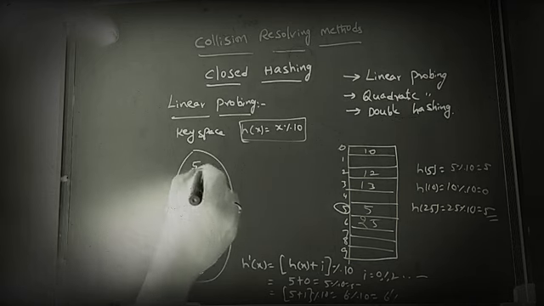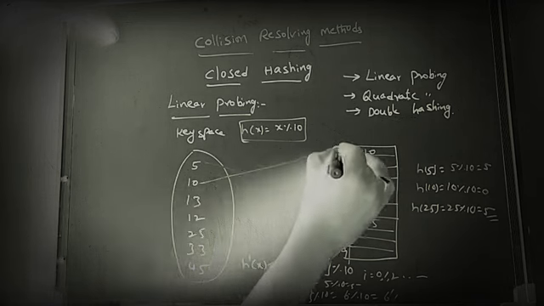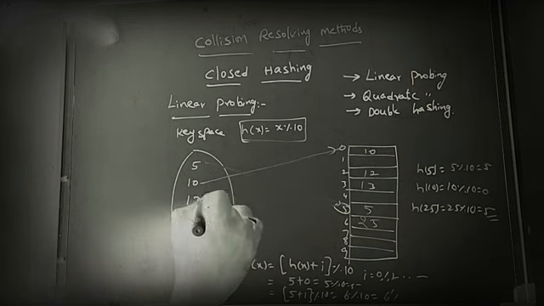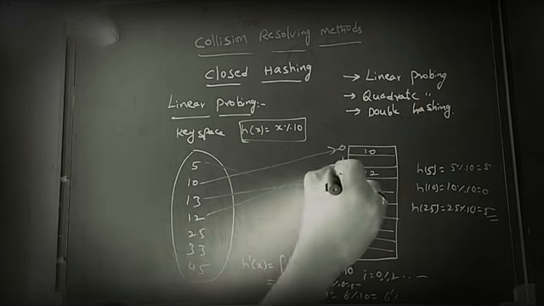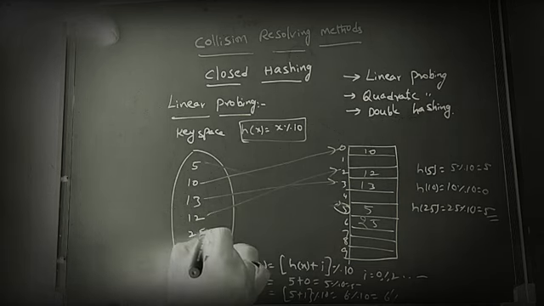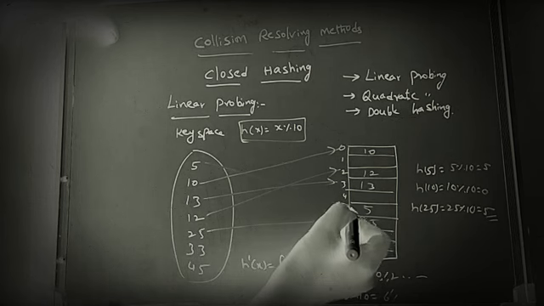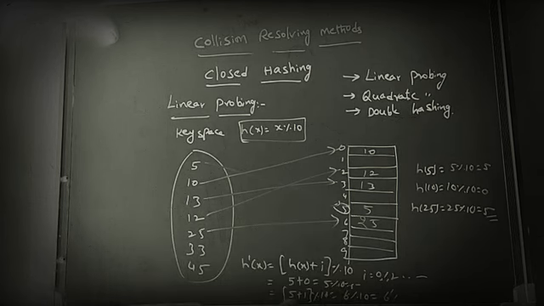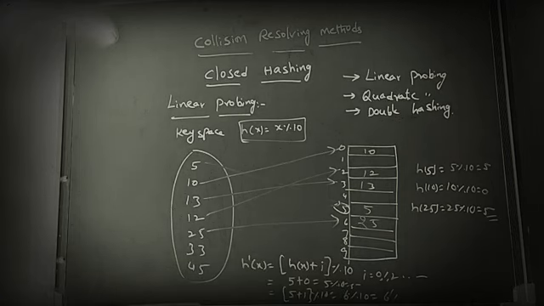So 5 is stored at index 5, 10 at index 0, 13 at index 3, 12 at index 2, and 25 at index 6. If a collision occurs, we use a small modification in the function, so the element is stored in whichever index is empty.